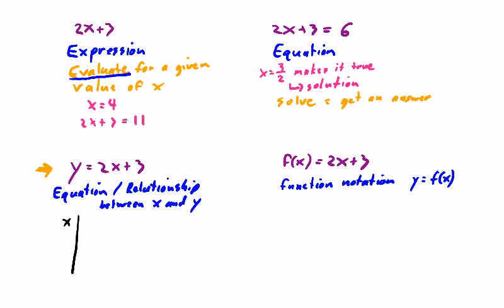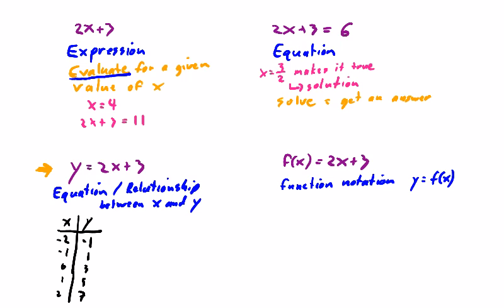One would be to create a table. You give me a series of x values like -2, -1, 0, 1, 2, and I can spit out a series of y values. So when x is -2, y is -1. When it's -1, I would have 1, 3, 5, 7, and so on.